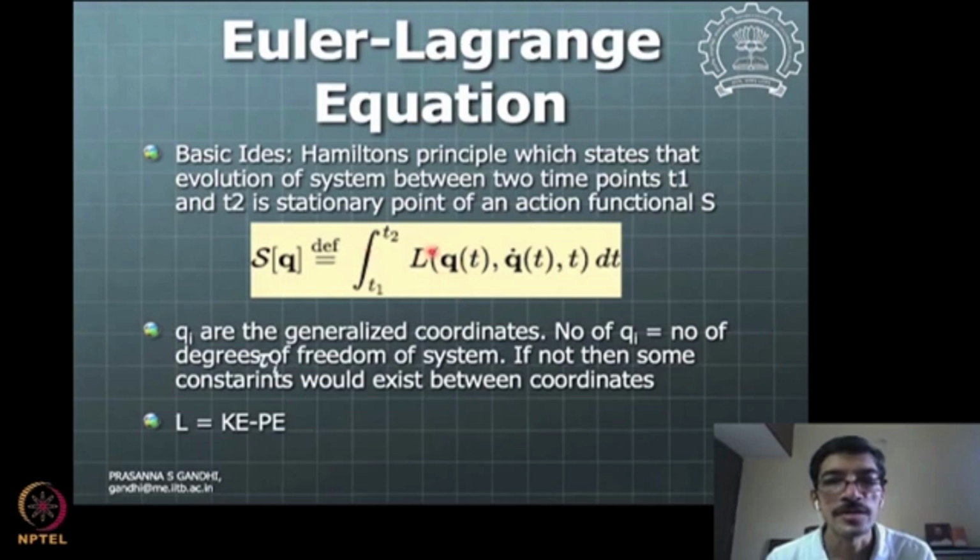where this functional will have a stationary point, in the sense that the functional is minimum. What we mean by the stationary point is, when you take a derivative of this with respect to q, or actually the curve q in terms of time, that derivative will be equal to 0.